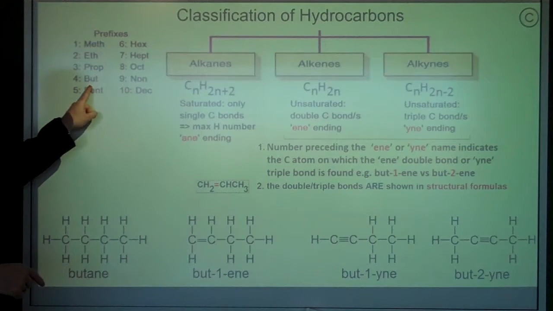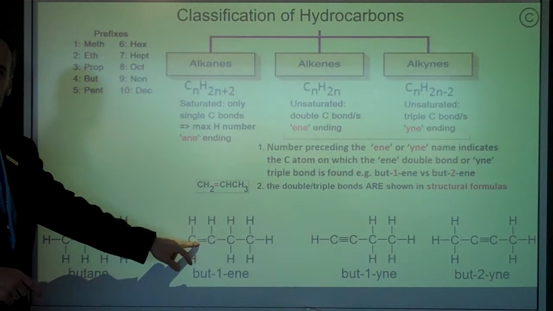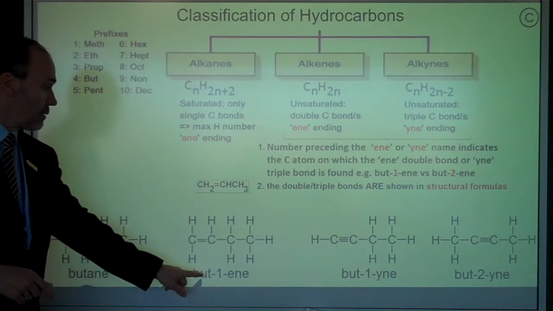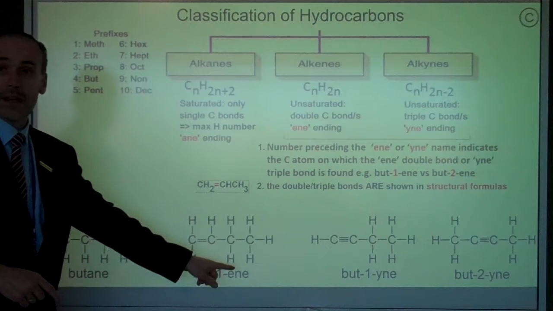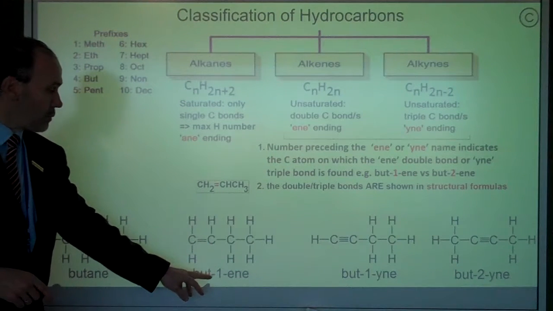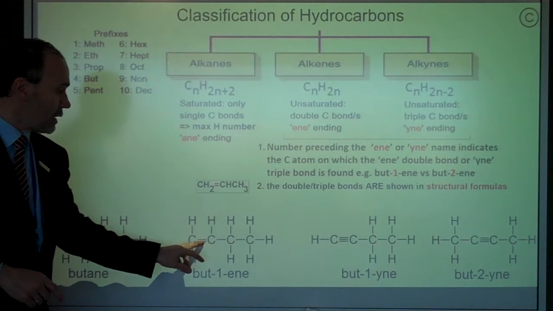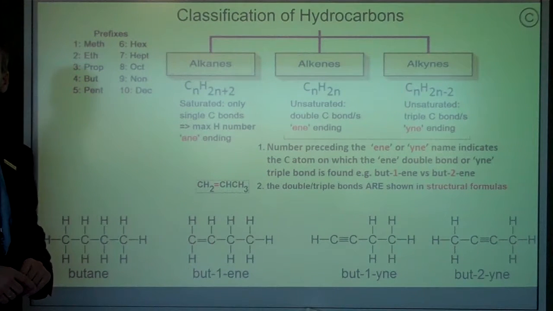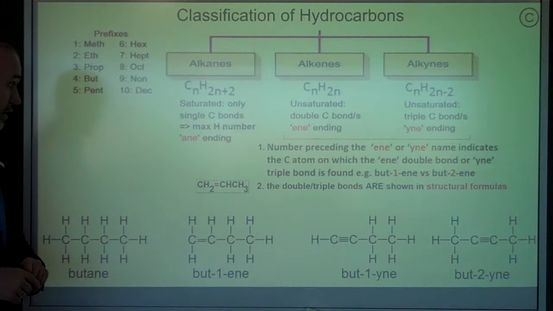So it's but, but there is a double bond. Butene. And it can be butene or it can be but-1-ene. We'd accept either of those, but it's got a double bond on the first carbon, so it's but-1-ene. Okay? Simple enough, I hope.